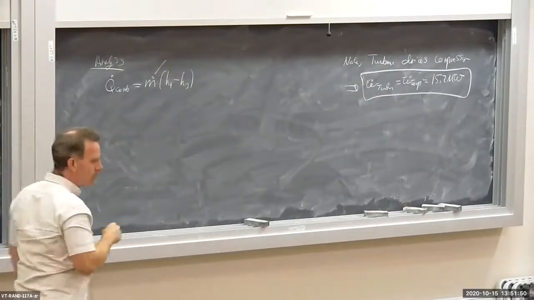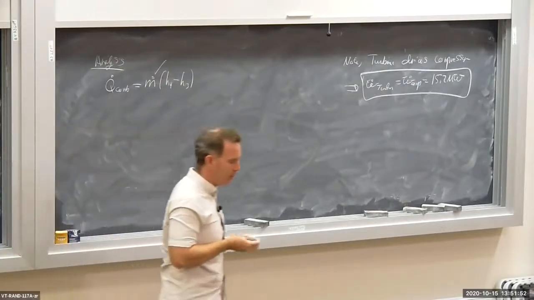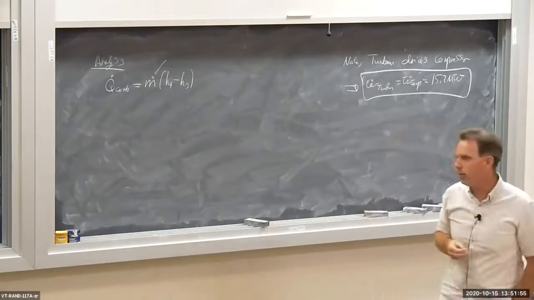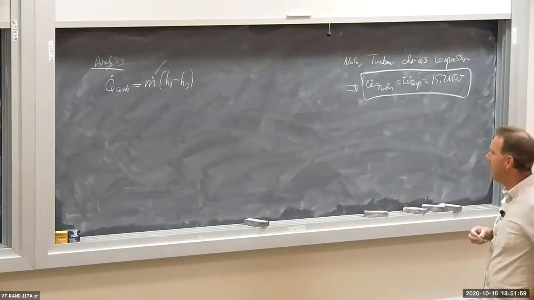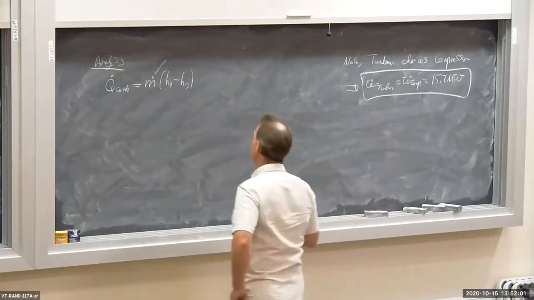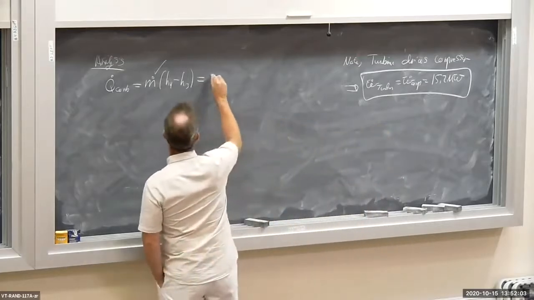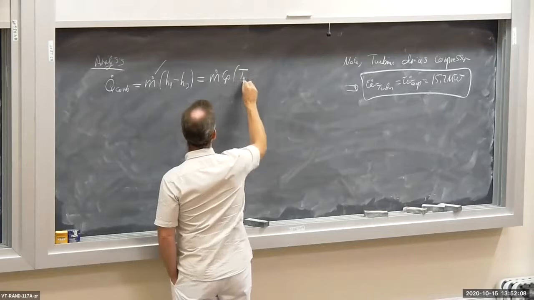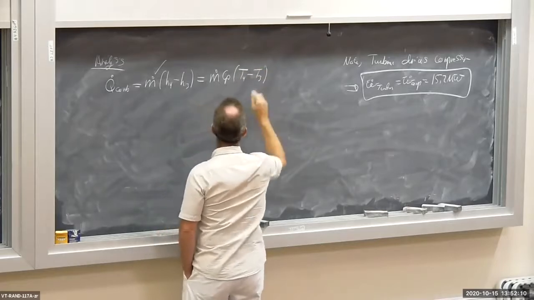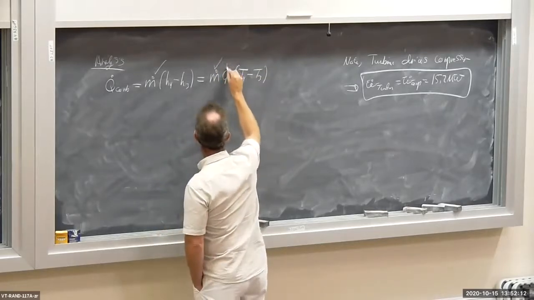Now I have m dot, that's 40 kilograms per second. We're assuming the mass flow rate's constant throughout the device. m dot fuel is quite small. We'll show that in a bit. Okay, so I've got m dot. H4 minus H3, well actually we're assuming constant specific heats. So this is equal to m dot Cp (T4 minus T3). Now I have m dot, I have Cp.